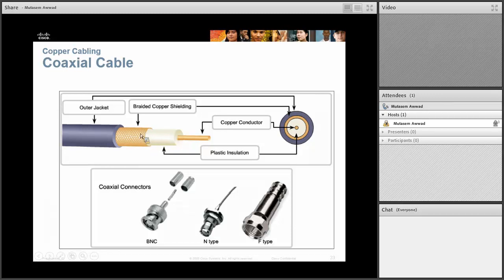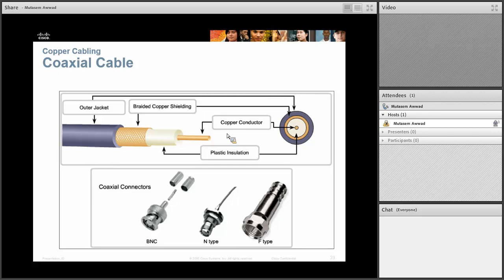This braided copper wire is meant to keep this electromagnetic wave that's being emitted bounded inside, and the electromagnetic wave travels this way. So the coax cable is mainly used to bound wireless signals, really. Okay, and it's mostly used nowadays for videos.